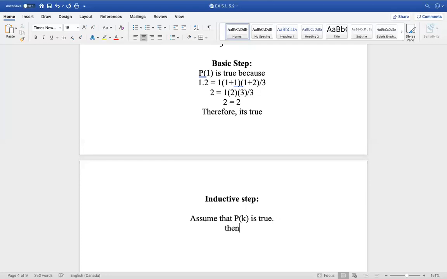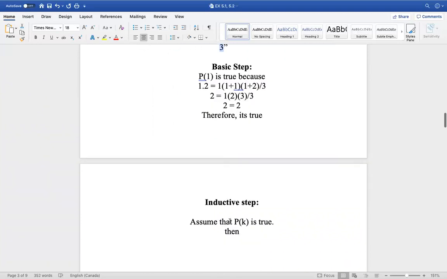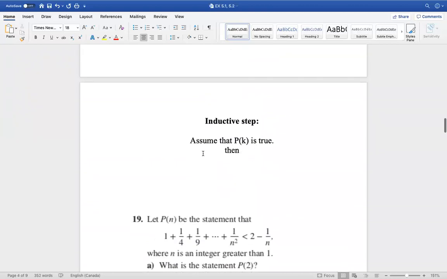So we present this statement here with P(k), and then we assume that this is true. Now we have to say that P(k+1) is also true. We have to prove that.